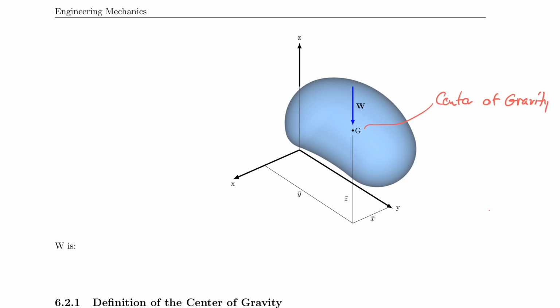And another observation that I can make now is that the center of gravity is not given with x tilde, y tilde, and z tilde anymore, but it's given with x bar, y bar, and z bar. And that is not random here. So that defines the distance from the coordinate origin to the point G. So two things I observe in this picture. I have the total weight, right?